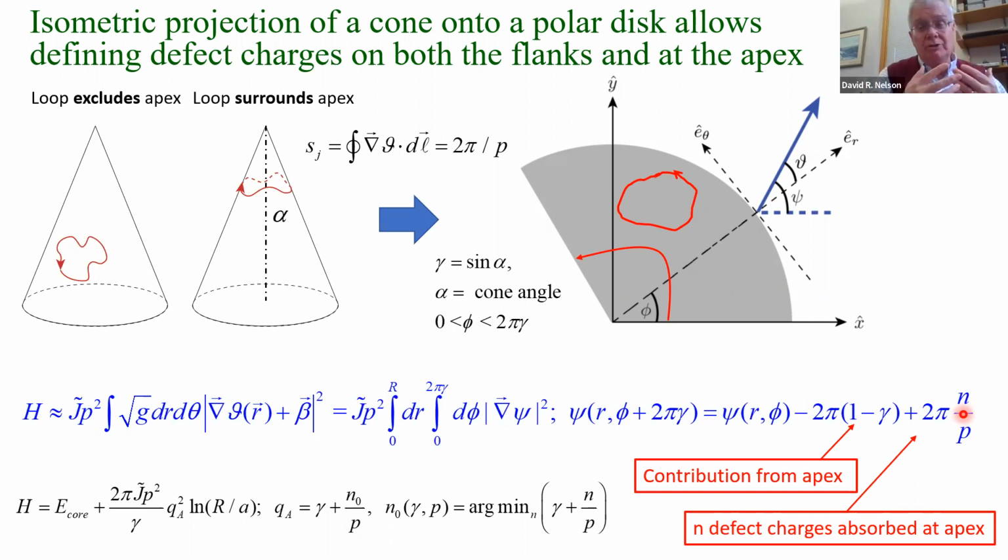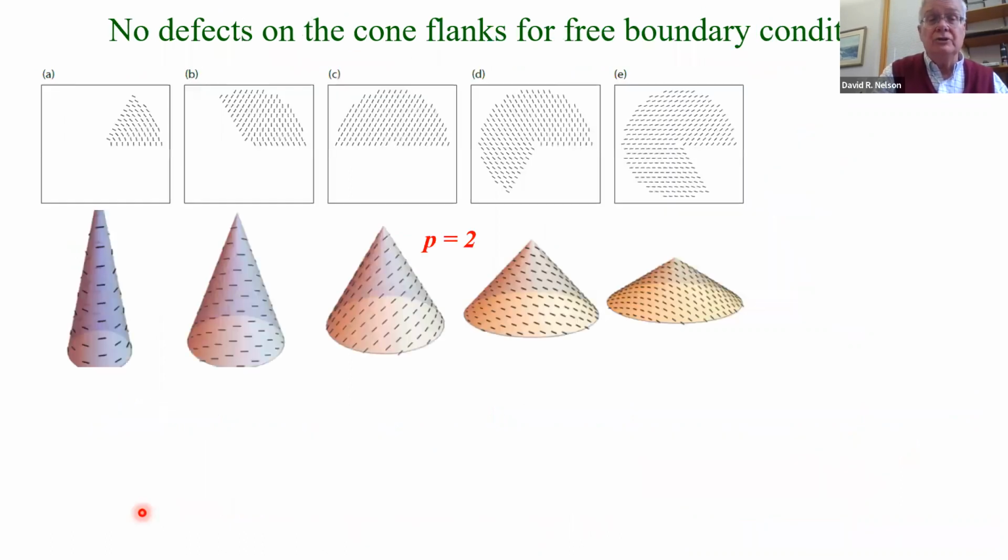You can compensate for what the apex is doing by having the apex eat some of the defects and absorb them. And so for some values of gamma and p, you can find an n that'll make this 0. In that case, the energy is 0, but most of the time you can't, but you can minimize the effective defect charge at the apex, and the energy is logarithmic in the size, as you might have guessed, and it goes like this effective charge squared, and we can calculate this coefficient.